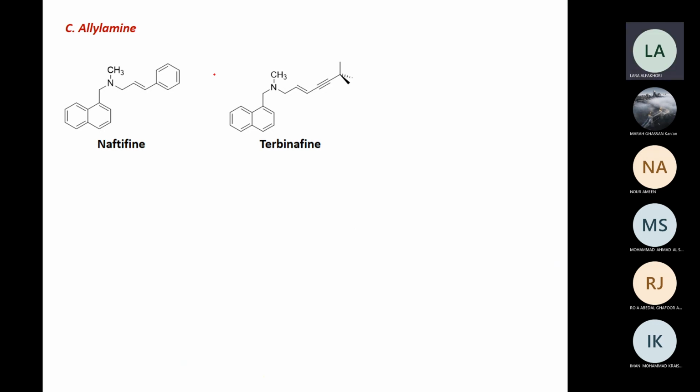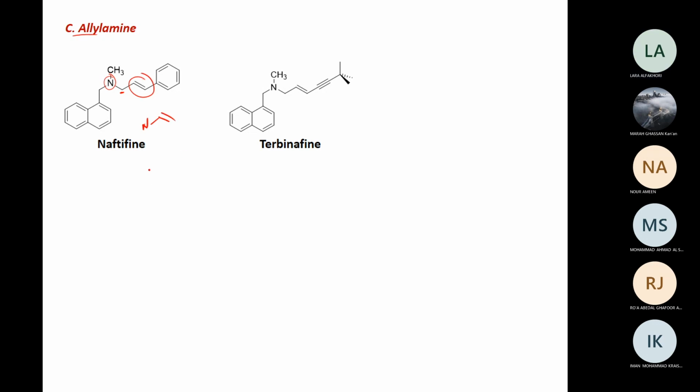And when we say allyl, it is relative to a double bond. When that functionality is bound to a double bond, one carbon away from it, this is called an allyl position. Okay, when it is directly attached to it we call it vinyl.